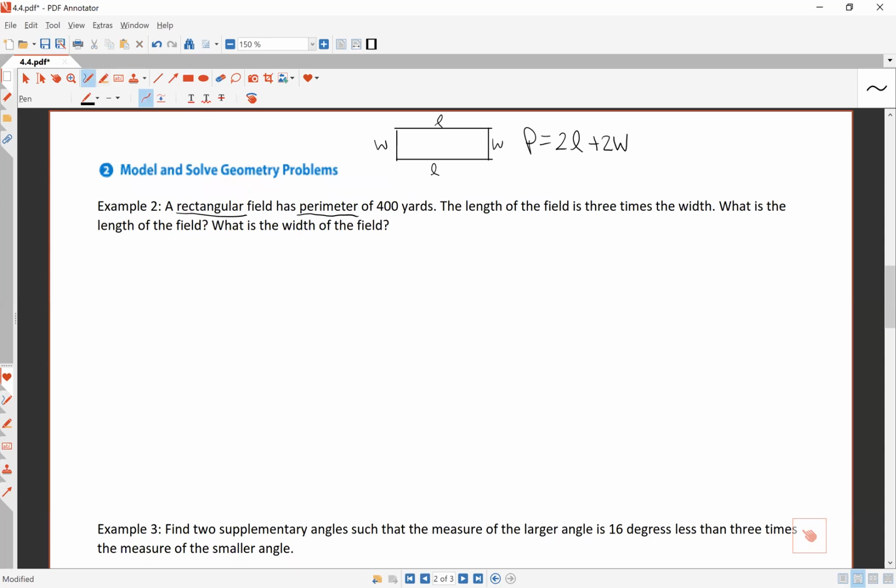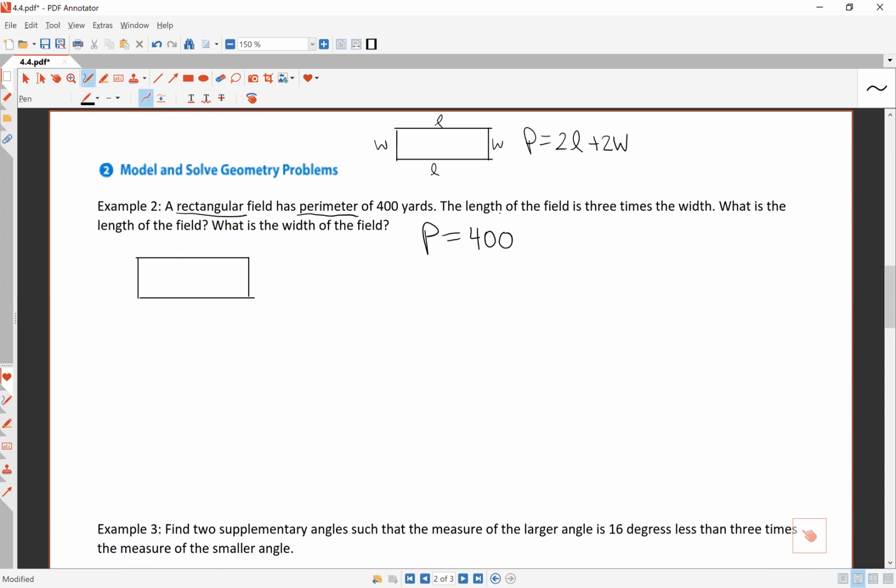For example 2, it says that a rectangular field has a perimeter of 400 yards. So our perimeter is 400 yards.